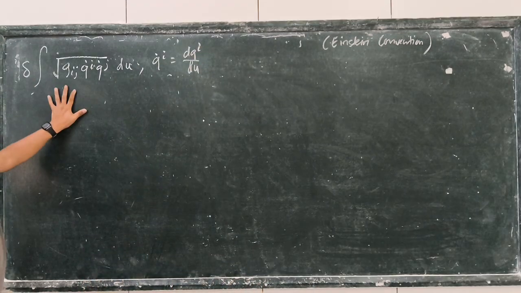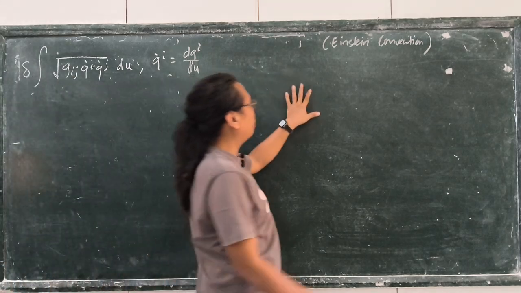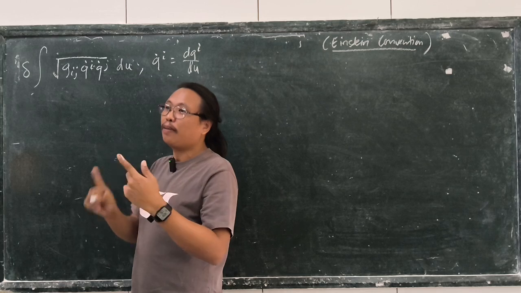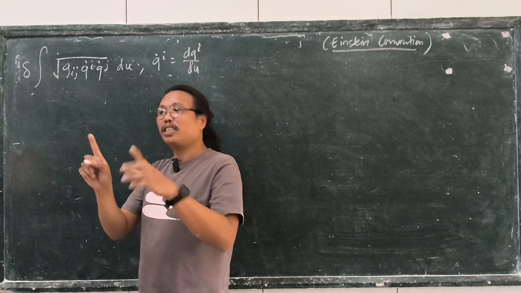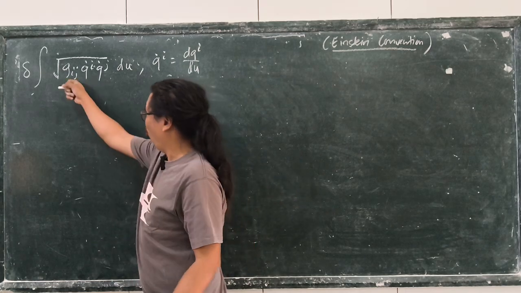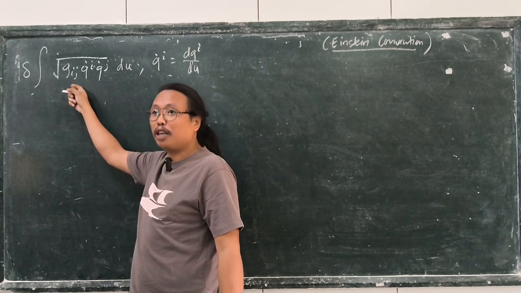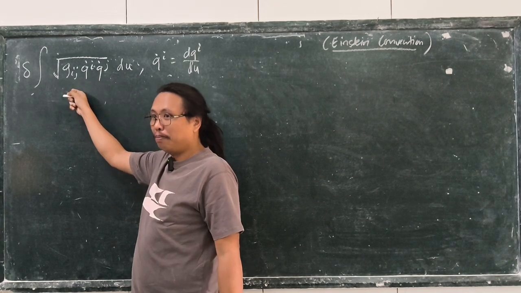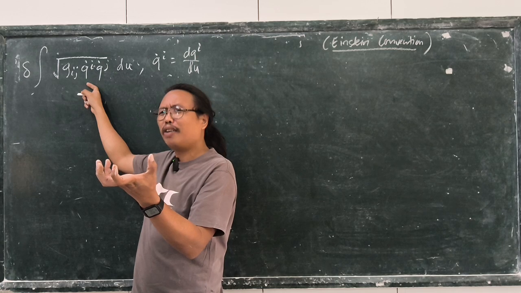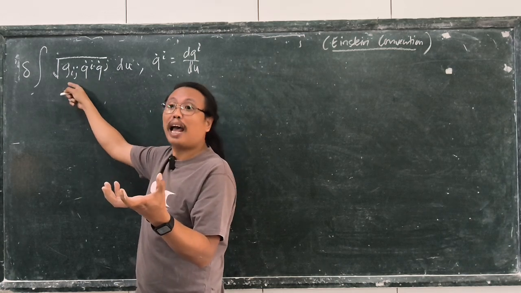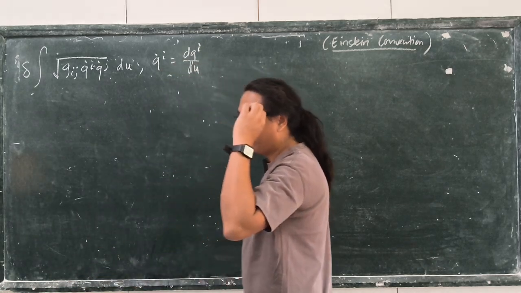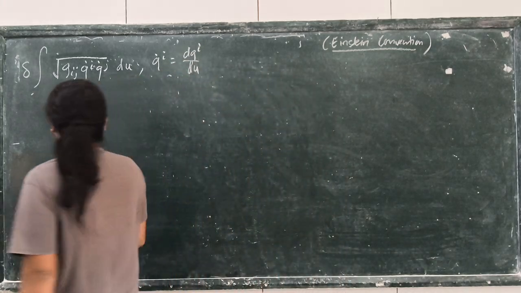Here, we always take note of the Einstein convention, meaning that whenever an index appears twice in a single term, in the same term, it is to be summed. So, here it's a summation, a double sum. It is very handy, but it makes the calculations long, as you will see later when you do the actual calculation.